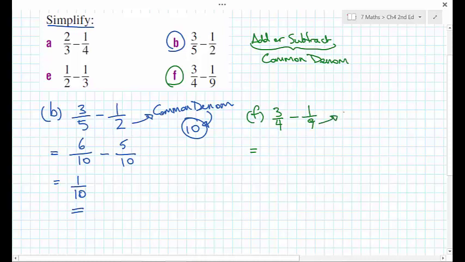So 9, I've got 9, 18, 27, 36. 36 is divisible by 9, and it's also divisible by 4. So my common denominator here is 36.